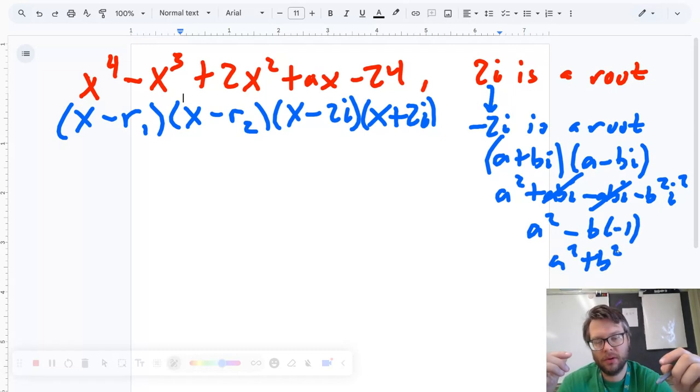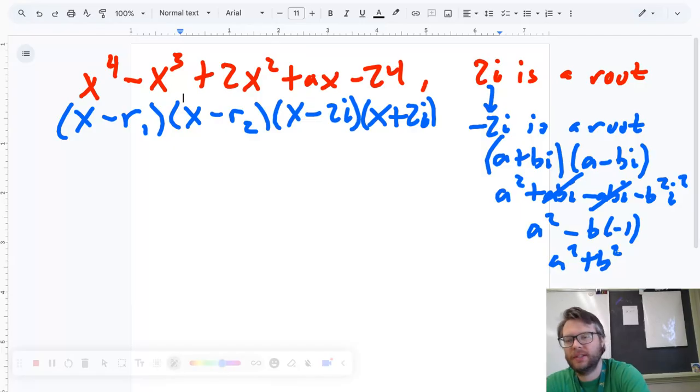So anytime your original polynomial has real coefficients, then any root that is complex must also have a conjugate pair to match up to cancel out all the imaginary parts. Okay? So we'll come back to this in just a second. But for right now, I'm going to save this.